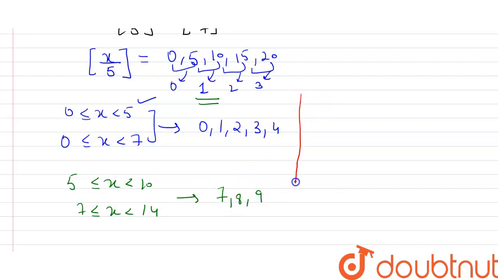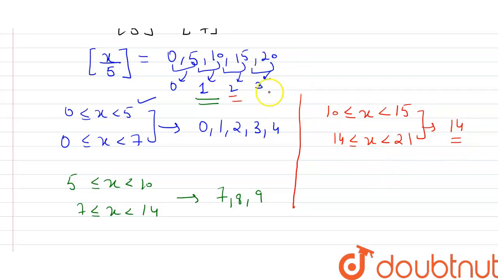Now for the value equal to 2, for x upon 5 it is greater than or equal to 10 and less than 15, and for x upon 7 it is greater than or equal to 14 and less than 21. So we have only one common value, that is 14.